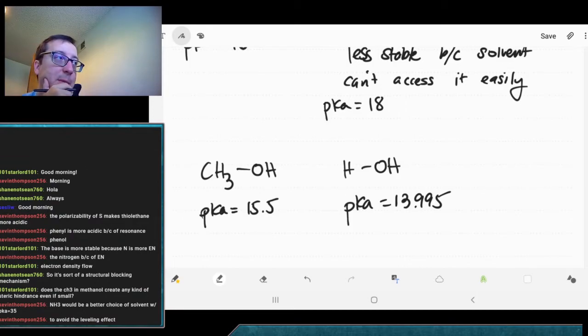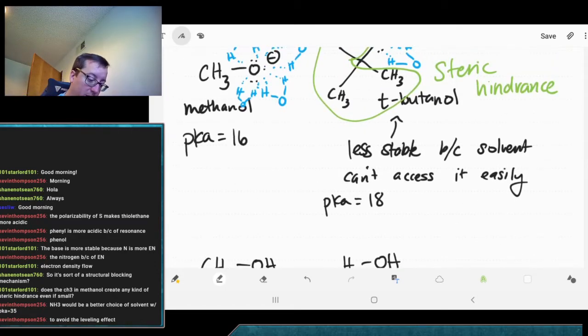Yeah, you could use ammonia as a solvent, but the problem is ammonia is gaseous at most temperatures. Though a better choice that would be liquid at room temperature would be t-butanol by itself.